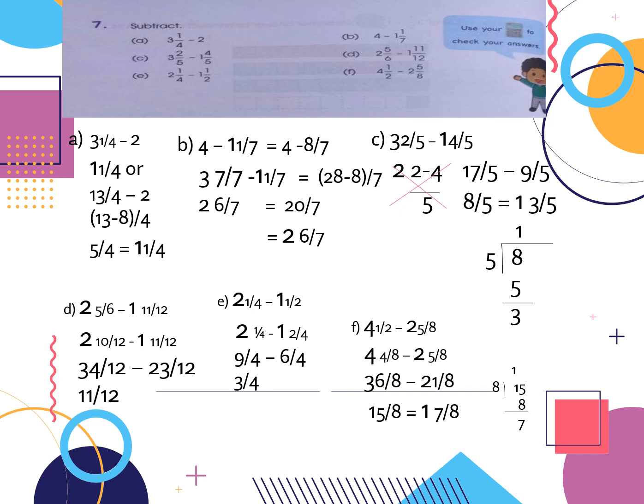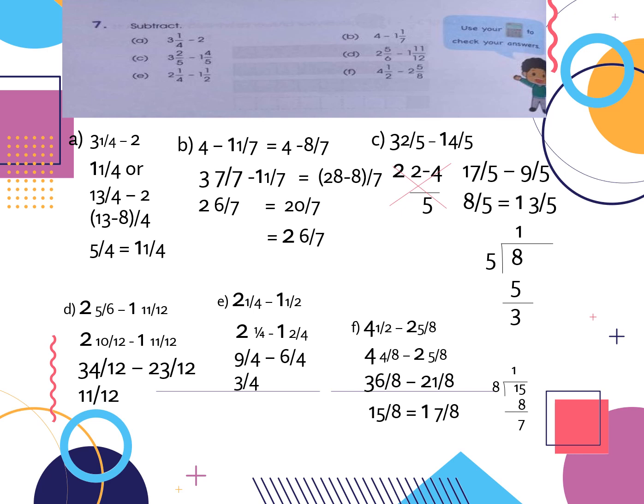So converting to an improper fraction requires the multiplication of 4 into 3, which is 12 plus 1 is 13 divided by 4 minus 2. Now what we are going to do is take an LCM.